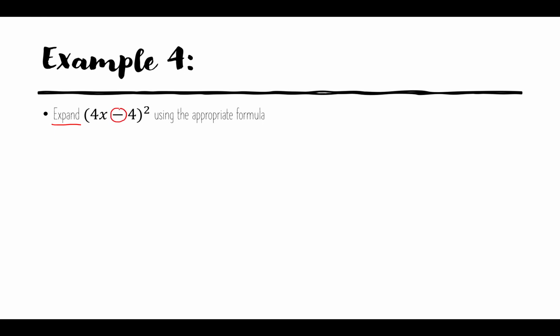Since we see a negative sign here, we know this is the square of difference formula, which can be denoted as a minus b squared is equal to a squared minus 2ab plus b squared. In this case, our a value is 4x and our b value is 4.